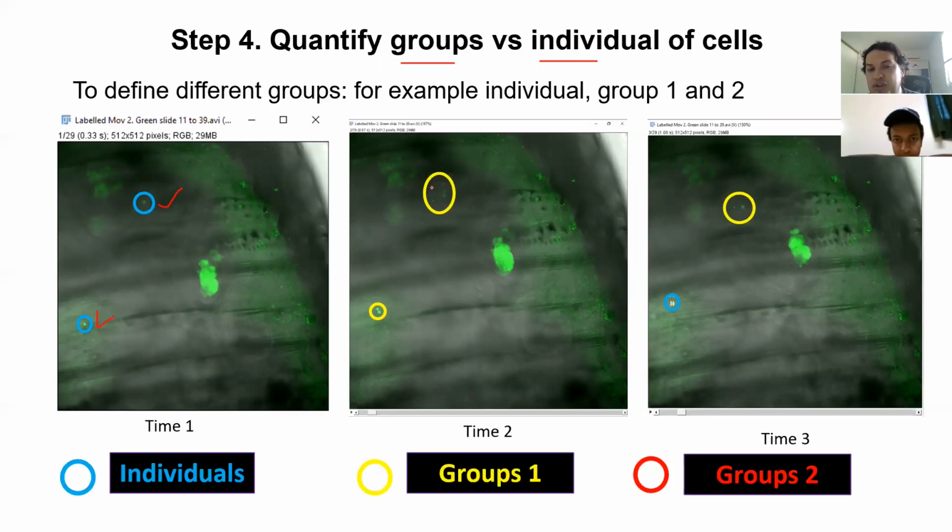Here you see some that are not attached, but they seem to be in a group. I don't know if it's important to differentiate, to make a third group or not, but I propose to make a group that is individual, and a group 1 and a group 3.